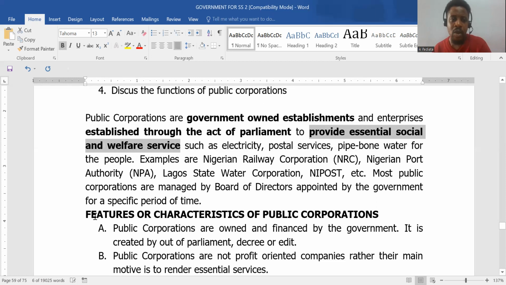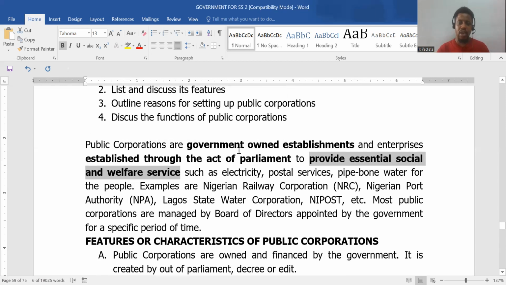Yeah. So whenever you are defining these concepts, you must mention these points. There are government establishments or institutions set up through the Act of Parliament to provide essential services for the people, and most importantly, at an affordable rate.